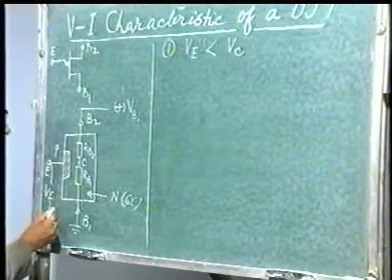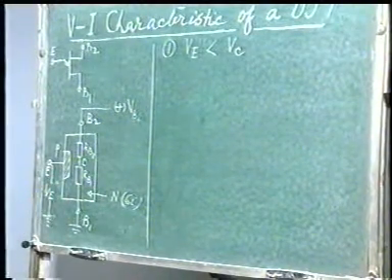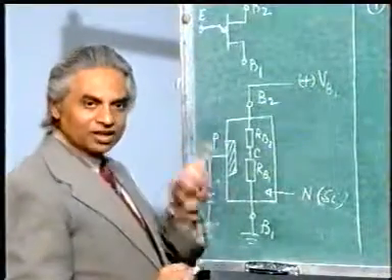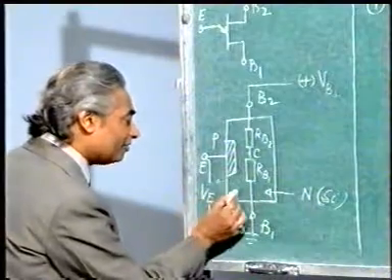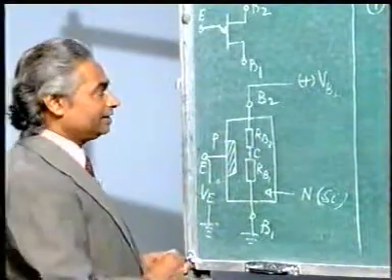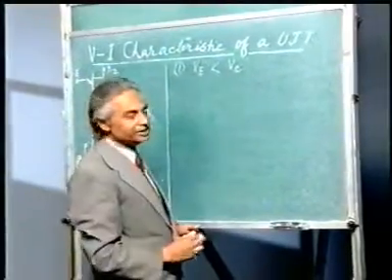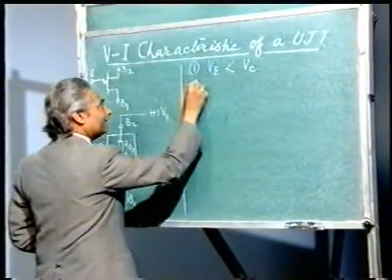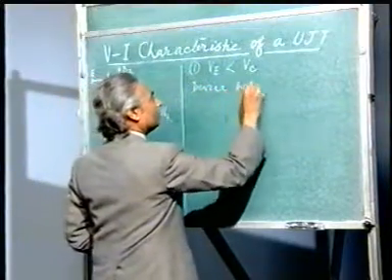There is a tendency of current flowing outside this device. In that condition, when the diode is reverse biased, the device will not conduct. Only thing is little bit of current will try to flow outside the device. So that is the condition when VE is less than VC. So we can say the device will not conduct.